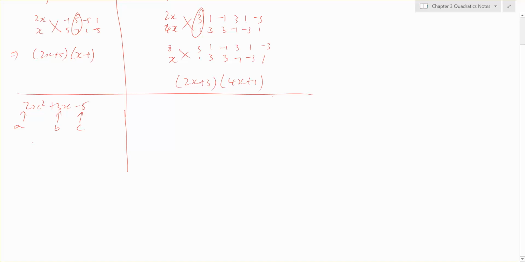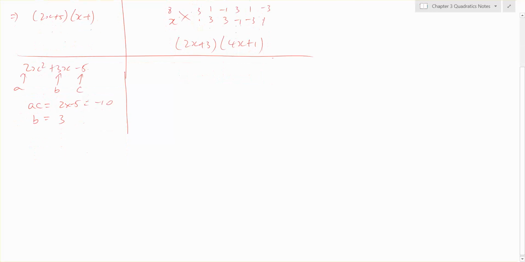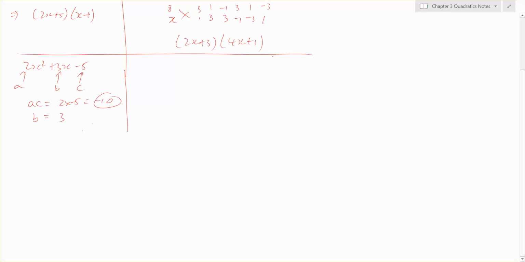I can find AC, which is just the coefficients a and c multiplied together, so 2 times -5 equals -10, and our b term is 3.